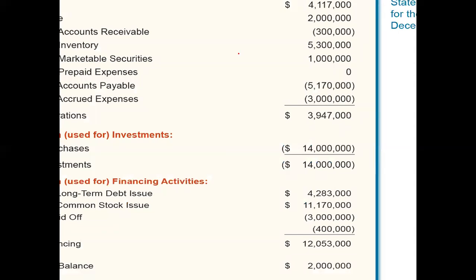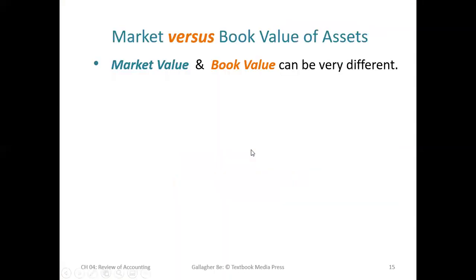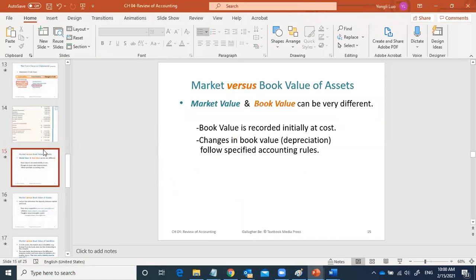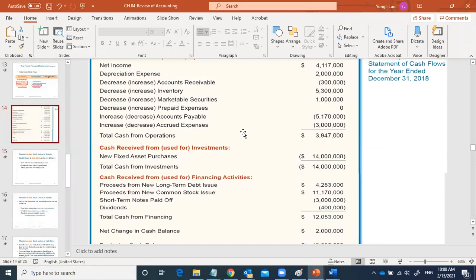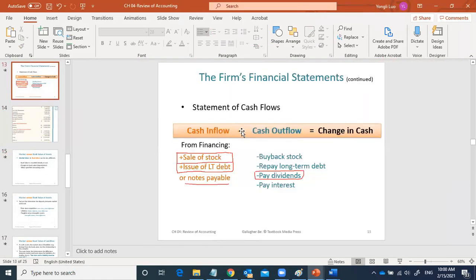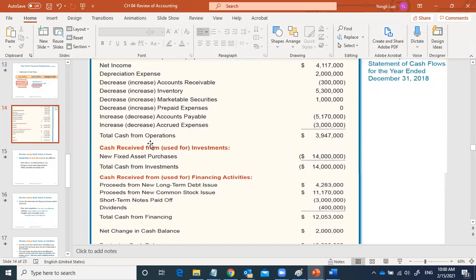So you can see here the statement of cash flow. The statement of cash flow is similar to the income statement in that it is for a period of time, but the balance sheet is not.